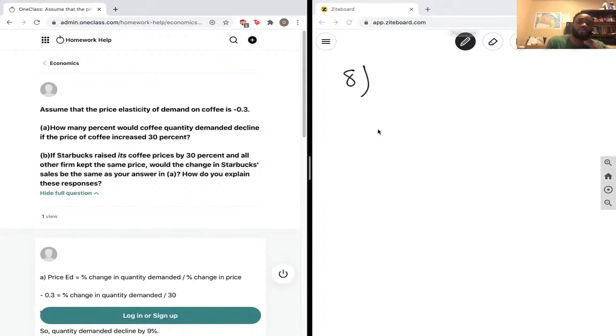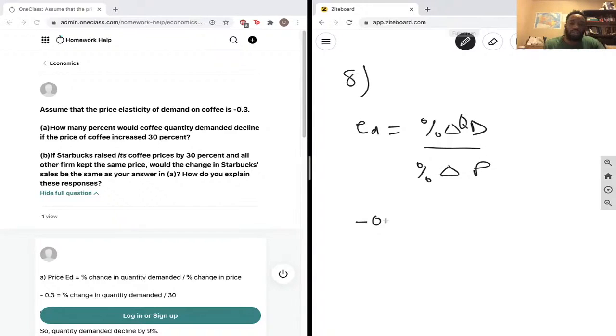So we know elasticity of demand equals percent change in quantity demanded over percent change in price. We're given elasticity is negative 0.3. We know the percent change in price is positive 30%.